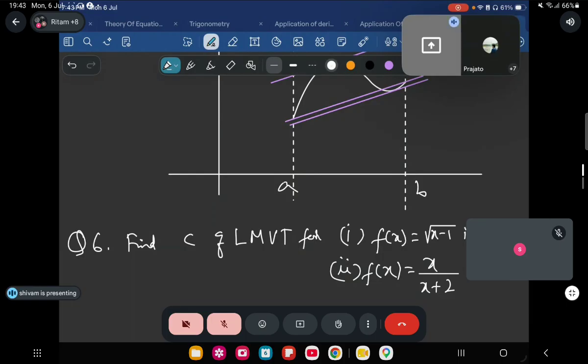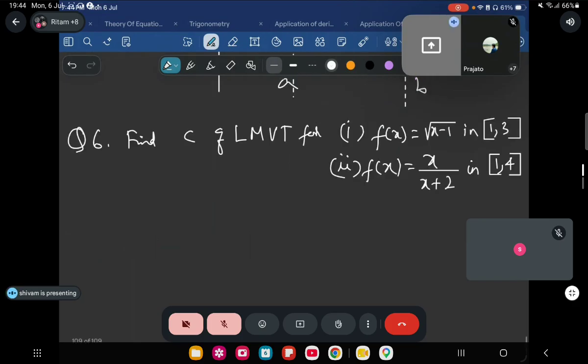So tell me, what are the values of C? Sir, 3 by 2 and 3 root 2 minus 2. Correct. So I'm not solving these questions, you have already solved them. Part 1 is C is equal to 3 by 2, and part 2, C is equal to 3 root 2 minus 2.